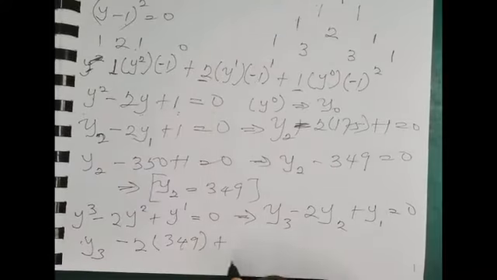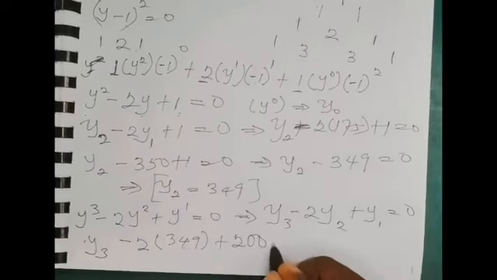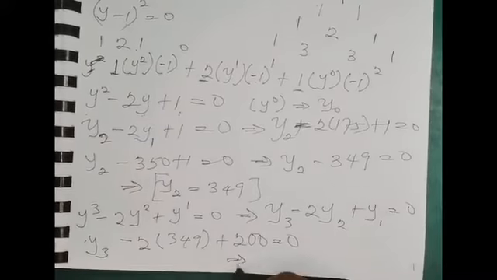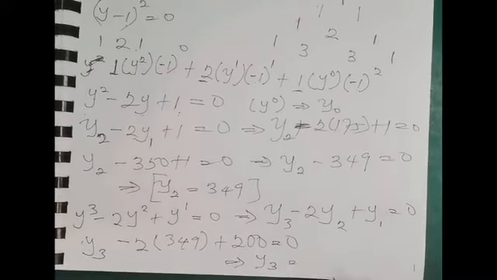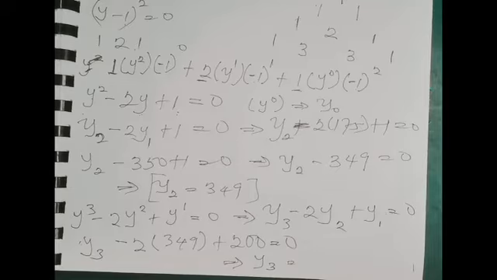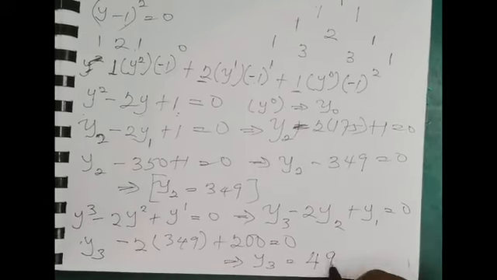So plus 200, and this is equal to 0. So y3 equals, let's punch everything together, 2 times 349 plus 200. This gives us 498. So y3 is actually 498.